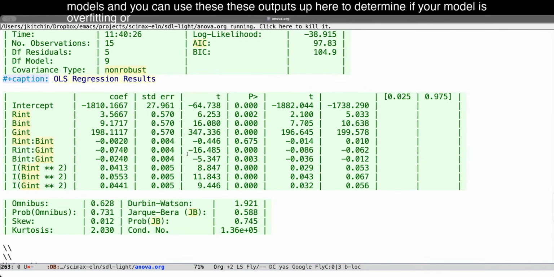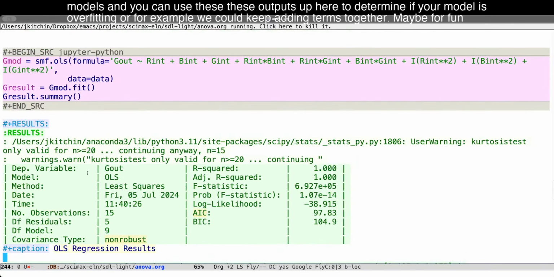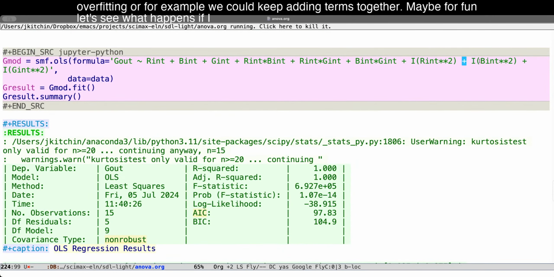Or for example, we could keep adding terms to get I cubed and things like that. Maybe for fun, let's see what happens if I do that. Let's just add an I cubed term.